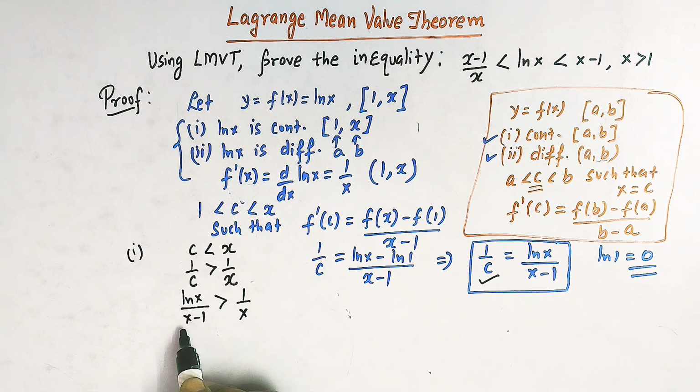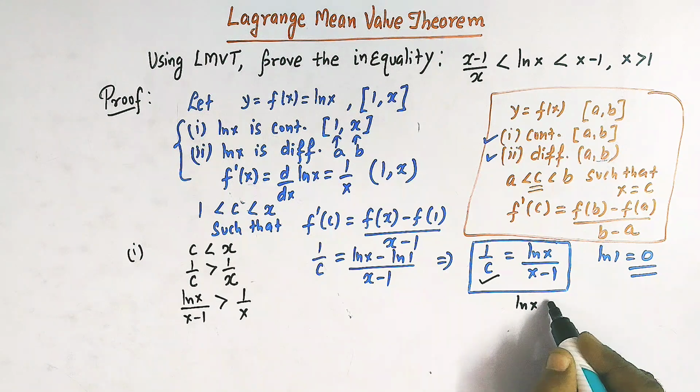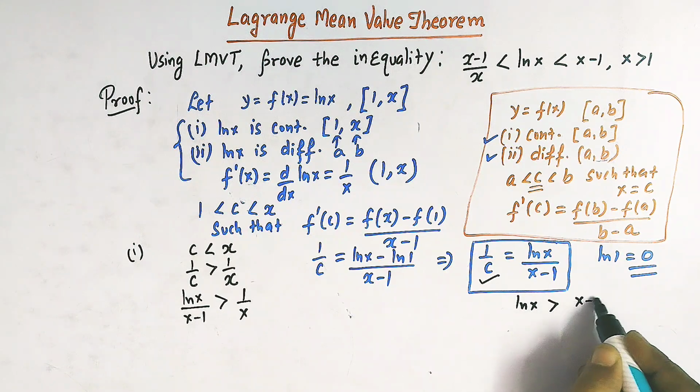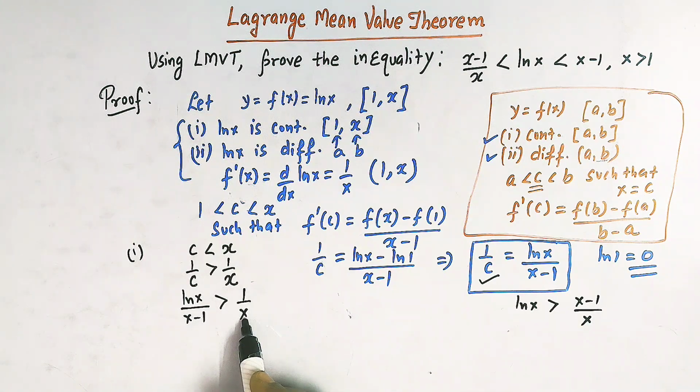Now we can multiply both sides by x minus 1. So we have log of x is greater than (x minus 1) over x. Now since x is greater than 1, x minus 1 is always going to be positive, so when we multiply both sides by x minus 1, the direction of the inequality remains the same.